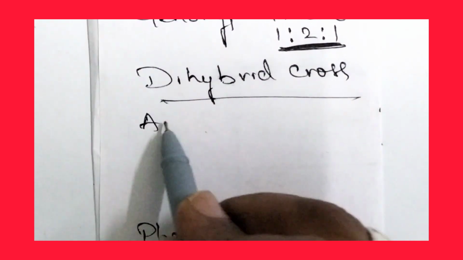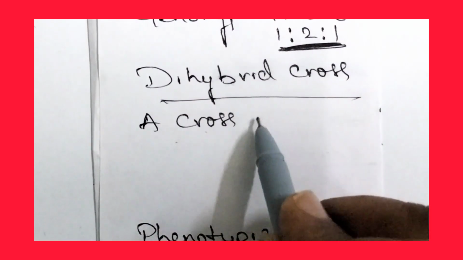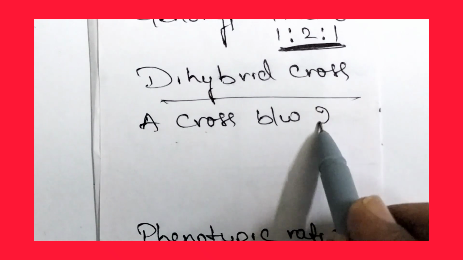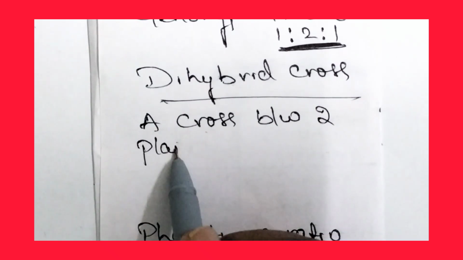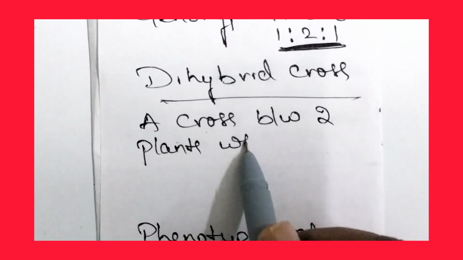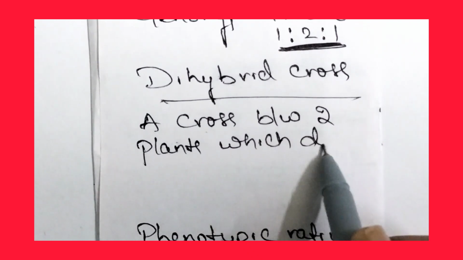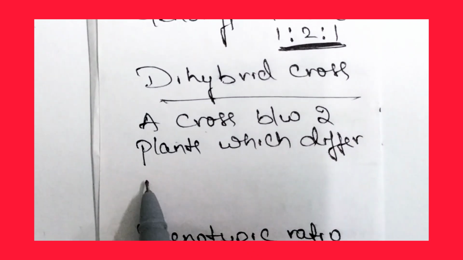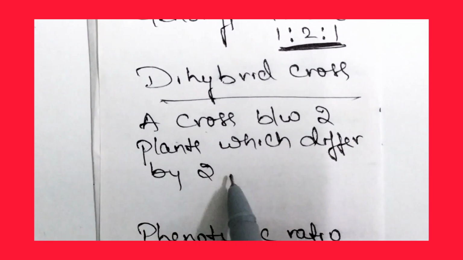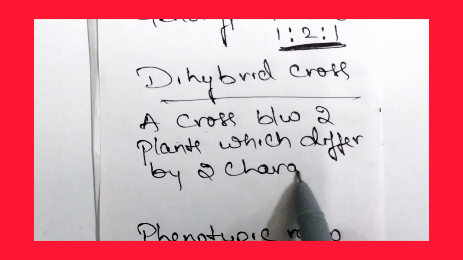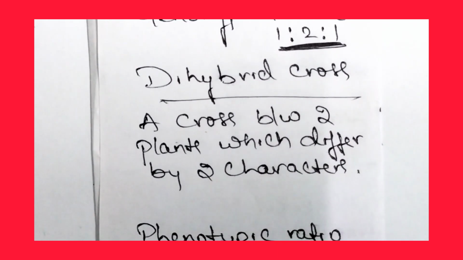Then what is meant by dihybrid cross? A cross between 2 plants which differ by 2 characters. Example, it may be height of the plant and shape of the seed.